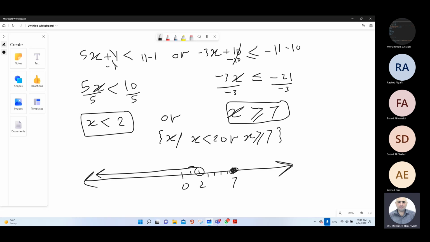Then the value of x greater than means to the positive side. So the solution is from 2, and 2 not included, to negative infinity, or from 7 to positive infinity. Who has any question about this idea?